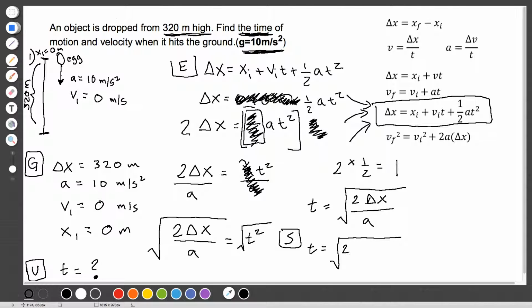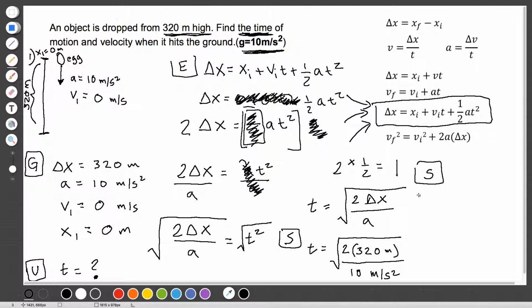So 2 times delta x, which is 320 meters, divided by a, which is 10 meters per second squared. And now all we've got to do is solve it.